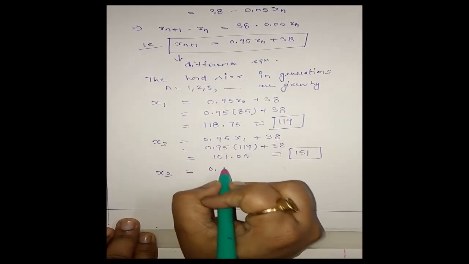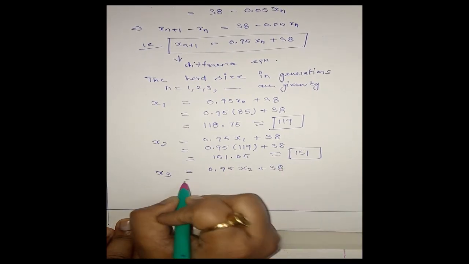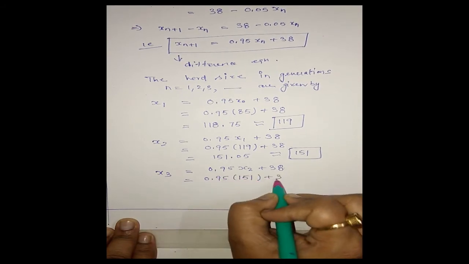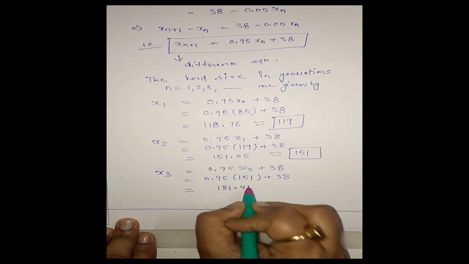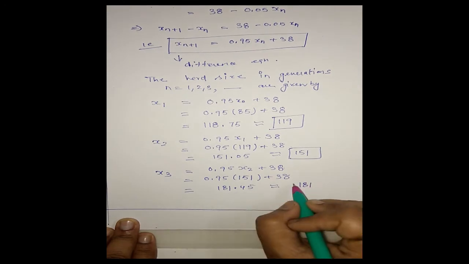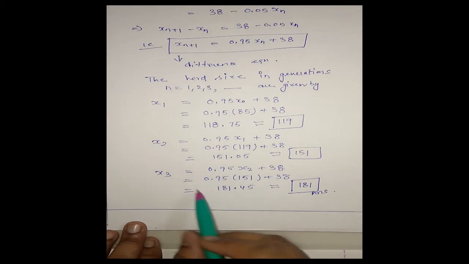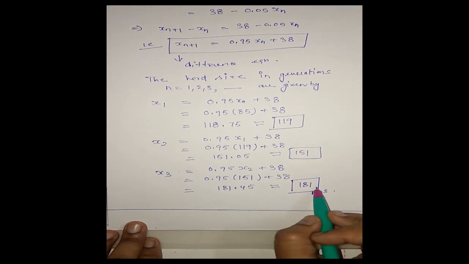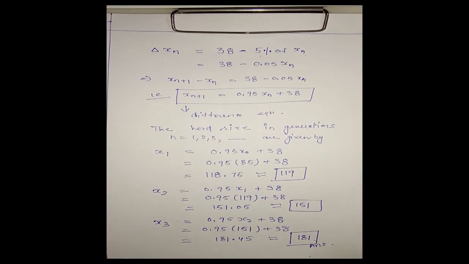Okay, 0.95 x2 plus 38, that is 0.95 into 151 plus 38, which on solving will give 181.45, that is 181. Okay, this is the number of buffaloes in third generation that we want to find, x3. Clear? So 181 is the herd size.